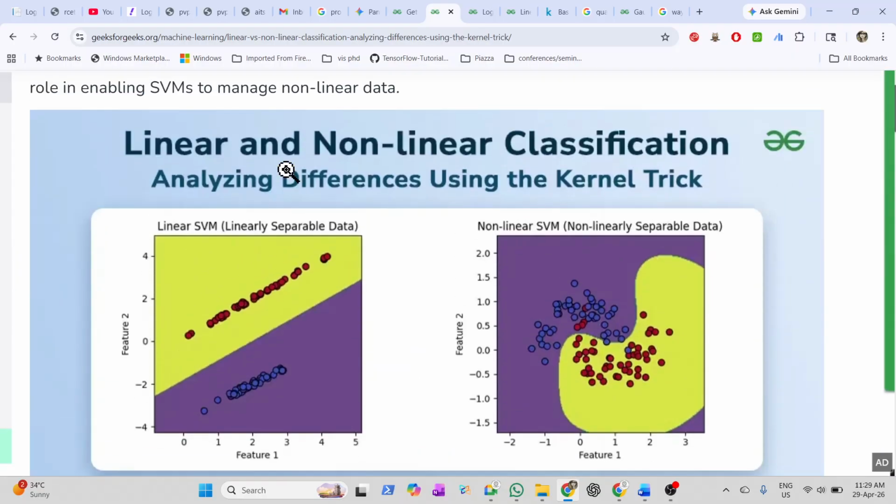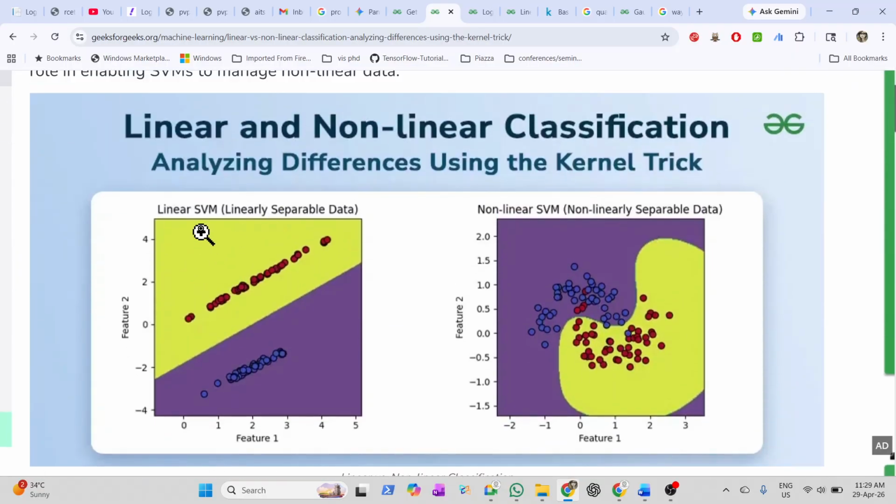So here we can see that this is the red class, this is the blue class. Both the classes are separated using this straight line. That's why it is called linear. And here you can see that there is no straight line.